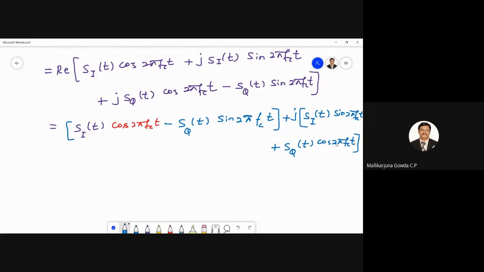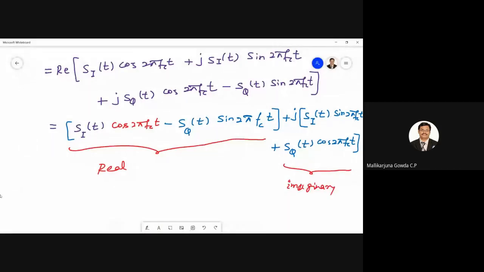Okay. In this, so I got in what format? This is the real part, the first term, right? The second term is the imaginary part, right? So can I say this one is the real part, the first term is the real part, and the second term is the imaginary part.